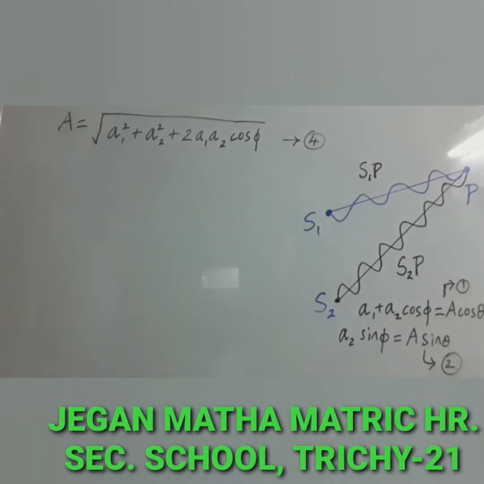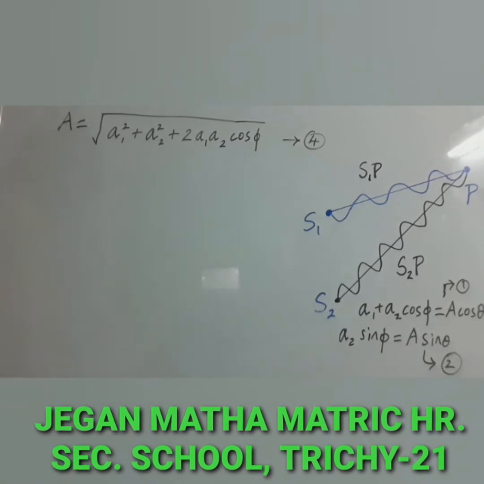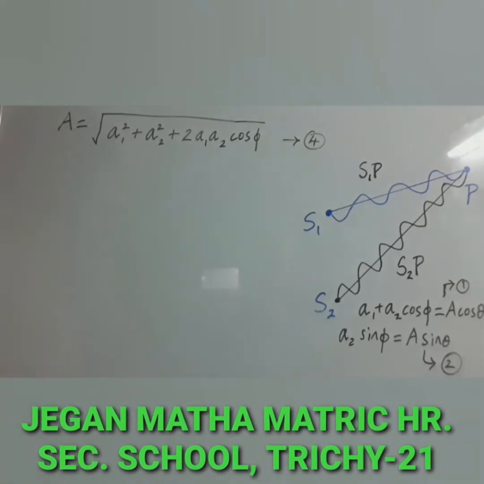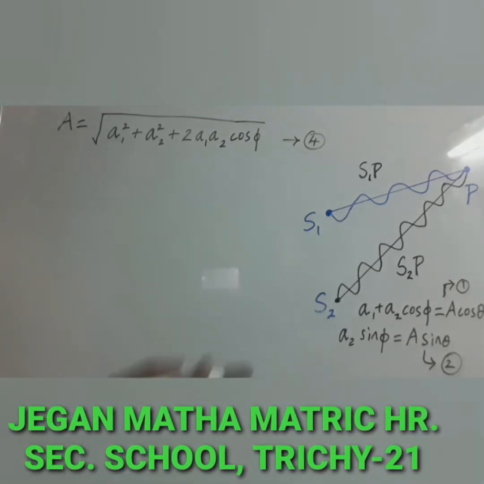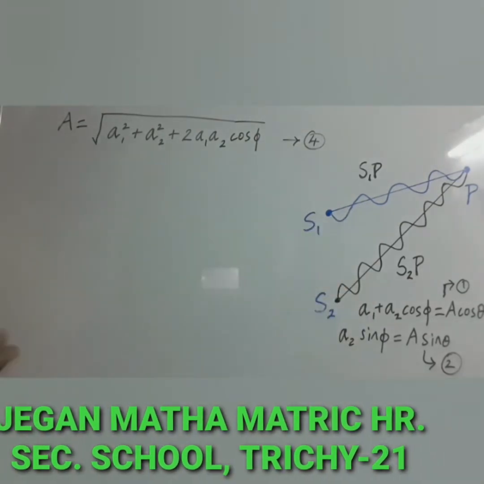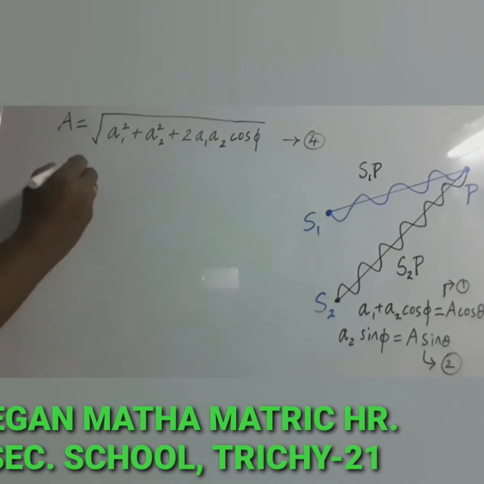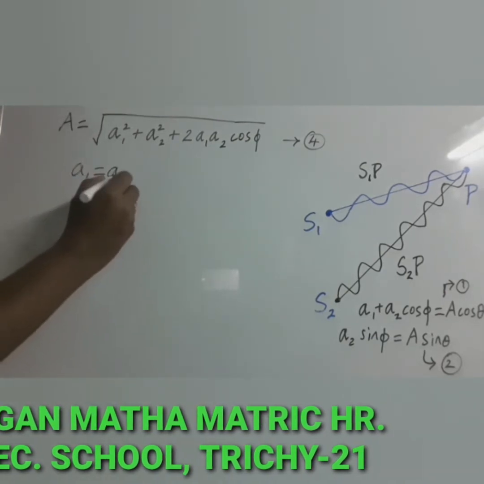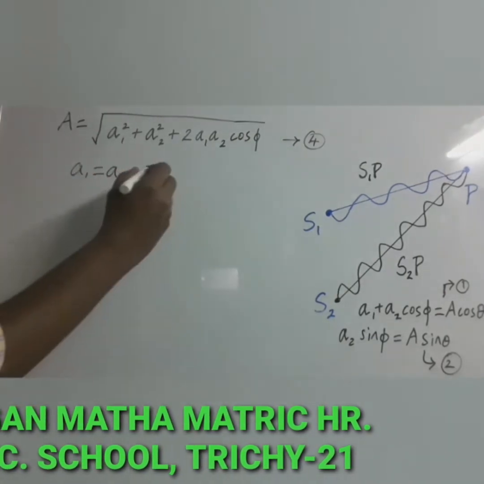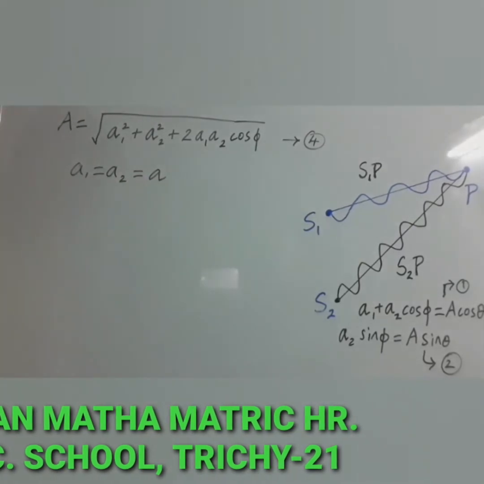Here there is a special case. If A1 is equal to A2, that means the amplitudes of both the waves are equal, there is no need to write A1 and A2. So both are now equal, and A1, A2 can be commonly written as A itself.